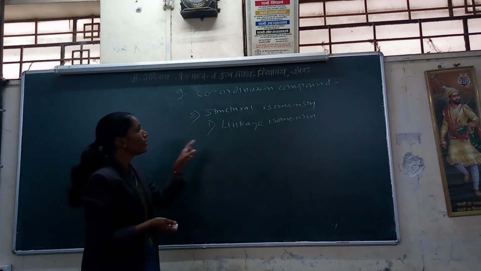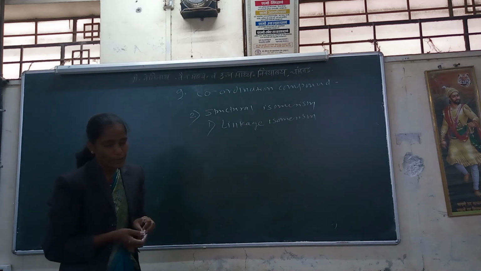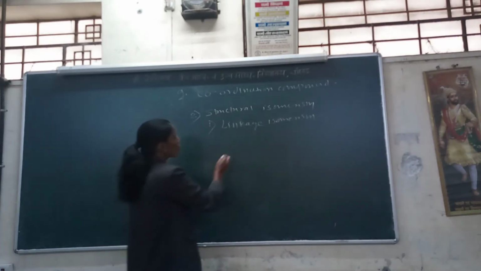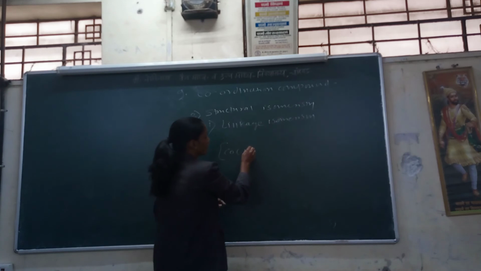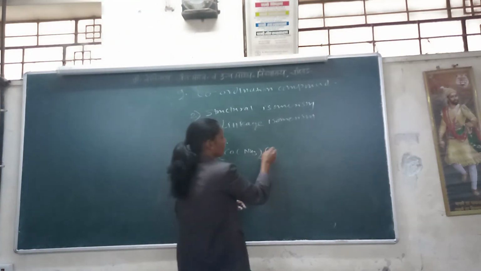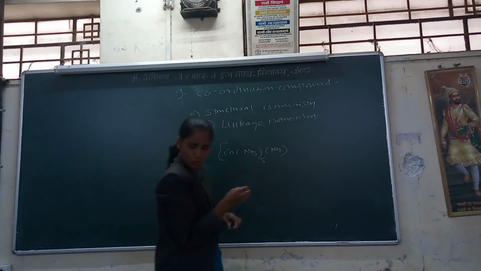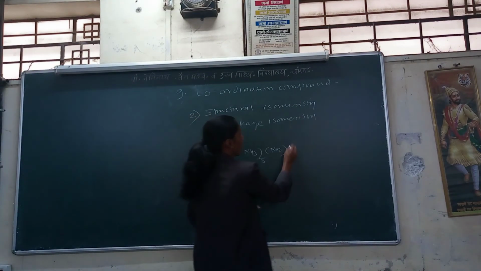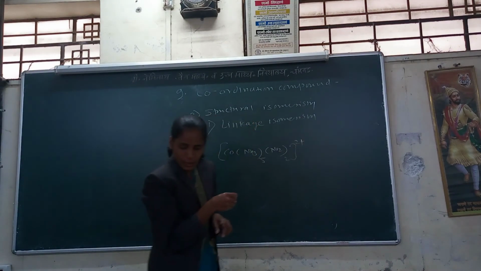That is linkage isomerism. For example, here cobalt, NH3 5 times, NO2, and 2 plus.